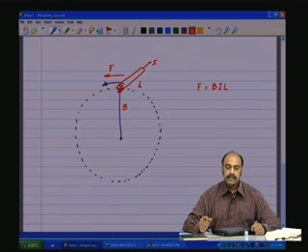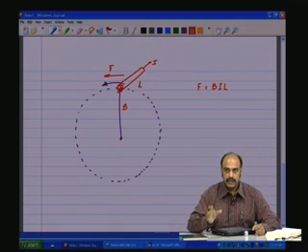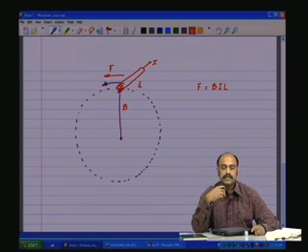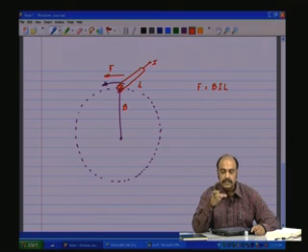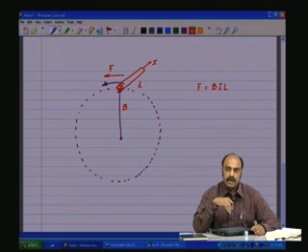And then the rotor starts rotating and tries to catch up with the magnetic field, and the relative speed starts decreasing. So as the relative speed starts decreasing, the induced current in the rotor also starts decreasing, thereby reducing the torque to a steady state value.